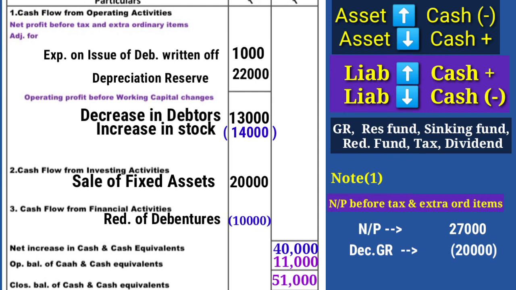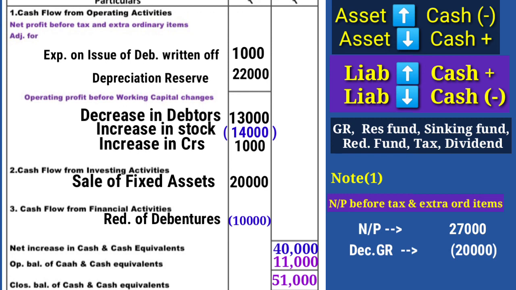Next item, creditors: 2011 35,000, 2012 36,000. Creditor is a current liability. This liability increased by 1,000. When liability increases, cash balance also increases. I will write increase in creditor plus 1,000. Here in this question there is no tax.